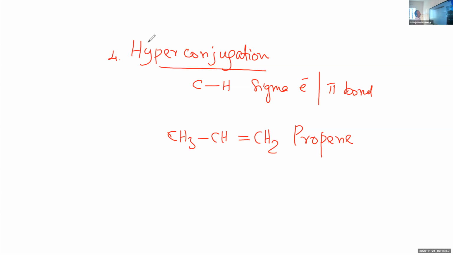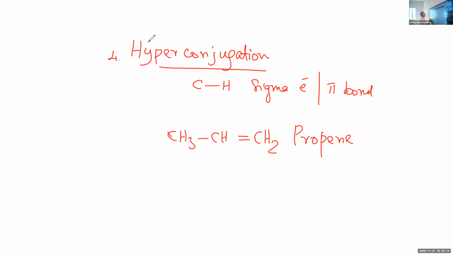CH3, CH double bond, CH2, propene. Propene is found to be more stable. It has got some acidic character also. And it is due to the phenomenon of hyperconjugation on the CH3 group.